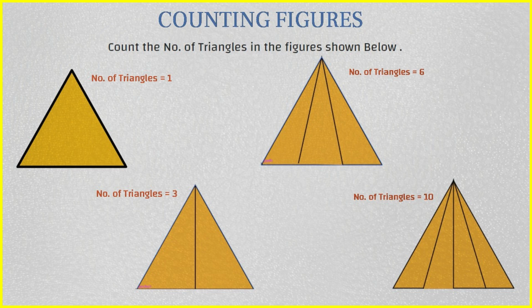Now let's see the methods you would have used to count the number of triangles. The most basic method is by adding the total number of triangles formed on the base of the biggest triangle. In case of figure 2, there are 2 small triangles formed on the base of the biggest triangle. So here, the total number of triangles will be 1 plus 2 equals 3.